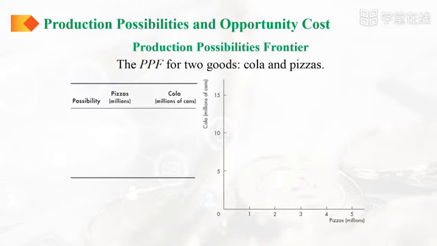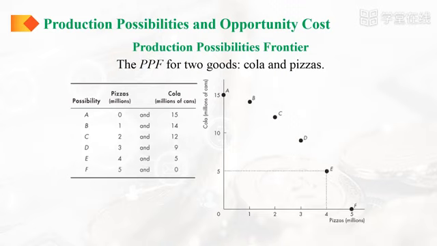Let's look at the production possibilities frontier for cola and pizza, which represents any pair of goods and services. The production possibilities frontier for cola and pizza shows the limits to the production of these 2 goods, given the total resources and technology available to produce them.